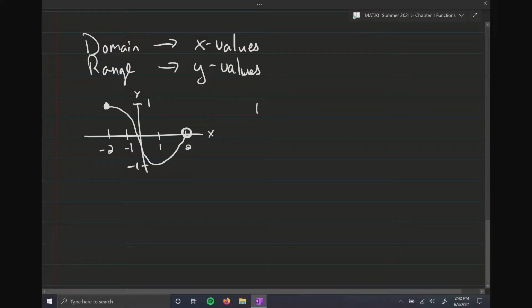So my domain for this graph, remember, is going to be x values. In other words, how far to the left, how far to the right. And we always write them in interval notation. So for us, our domain is going to be bracket -2, comma, 2 with a parenthesis. Now, I did this on purpose. First, that is a closed dot, which means I'm allowed to include that point, both x and y values for that specific point.